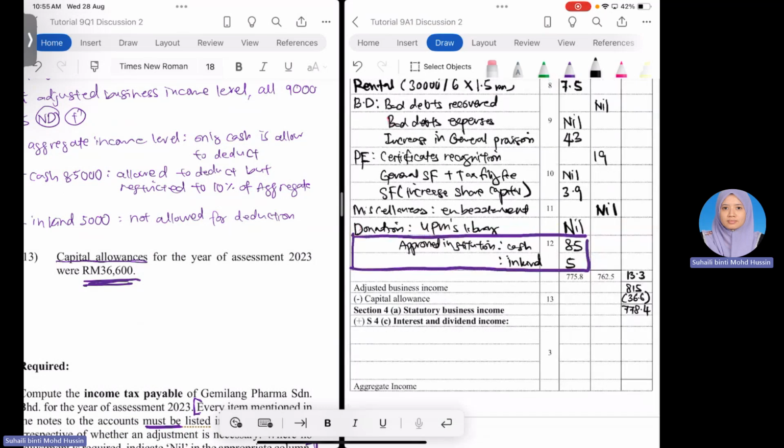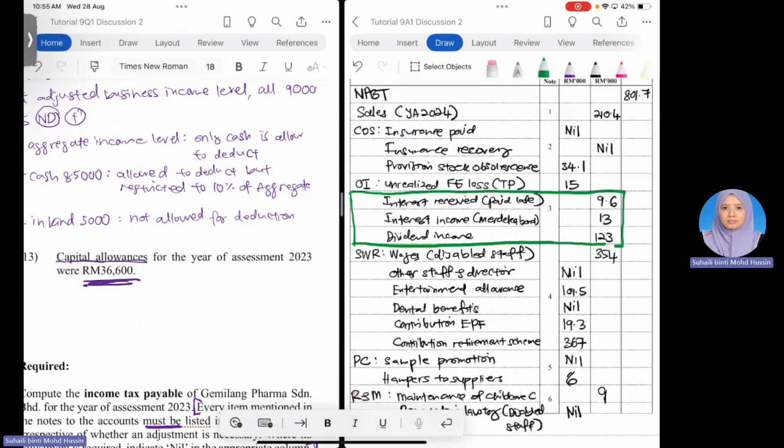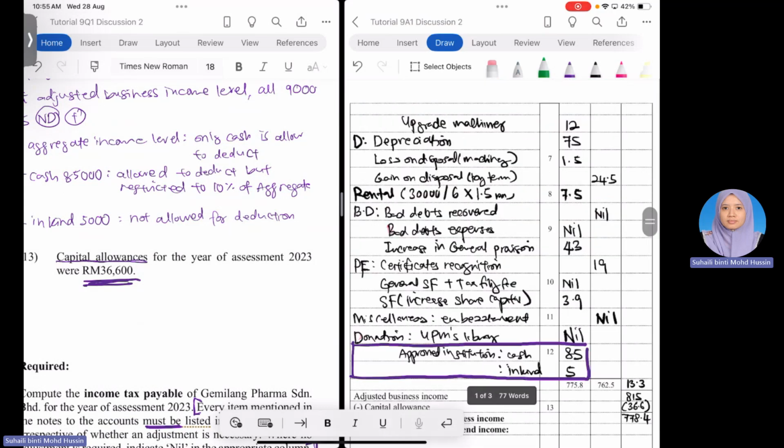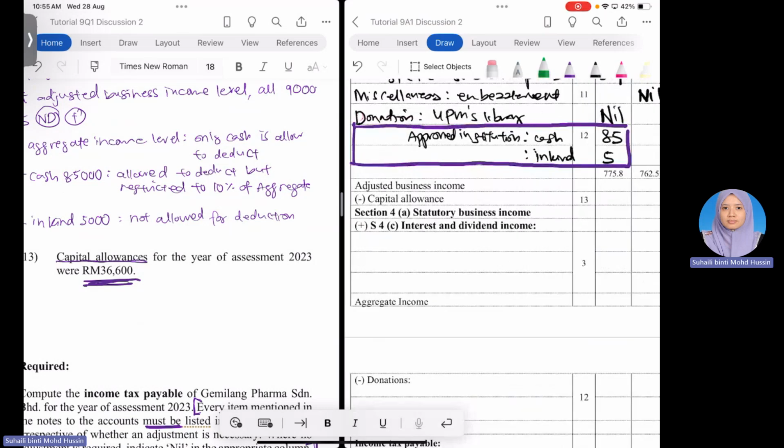Now, remember that we have 3 items that we want to record again here, the green color ones. So now it's time for you to record these 3 items under section 4, subsection C, for the interest and dividend income. That's why I said to exclude them separately. We record under a different class of income.